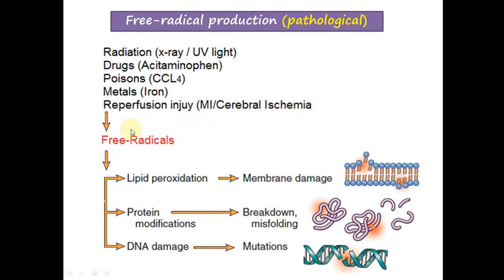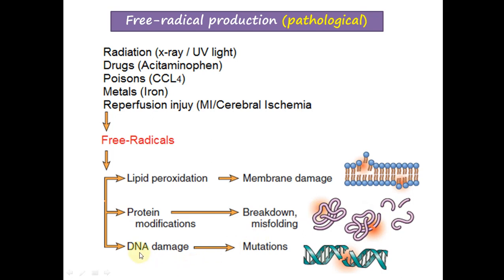Now, these free radicals will attack the membrane phospholipid bilayer and cause membrane damage, as we discussed in the previous slide. They will cause protein modifications, and this oxidation of DNA and protein modification will lead to the breakdown of proteins or misfolding of proteins, and accumulation of damaged DNA and misfolded proteins will induce apoptotic cell death.